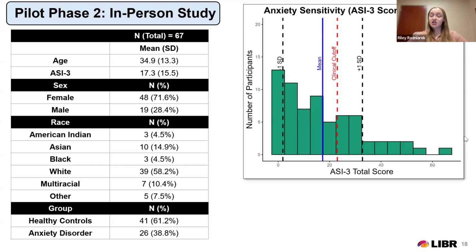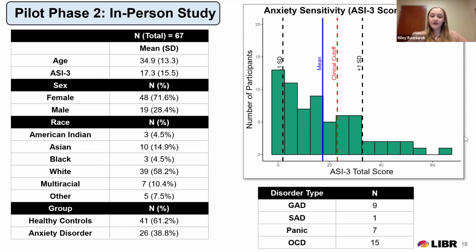This plot shows the distribution of anxiety sensitivity, which is the fear of the potential negative consequences associated with anxiety. And we were particularly interested in this because it's been linked to anxiety disorders and OCD. You can see on the plot that the mean was about 17, which is close to the clinical cutoff of 21, but we did get a range, a wide distribution across anxiety sensitivity scores.